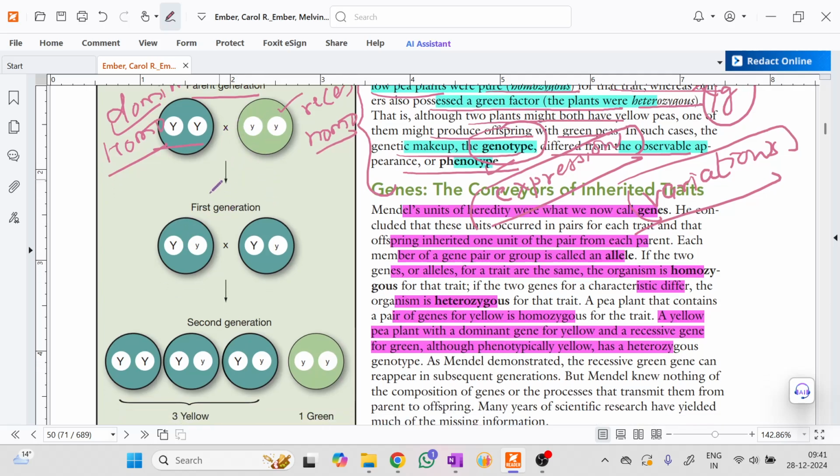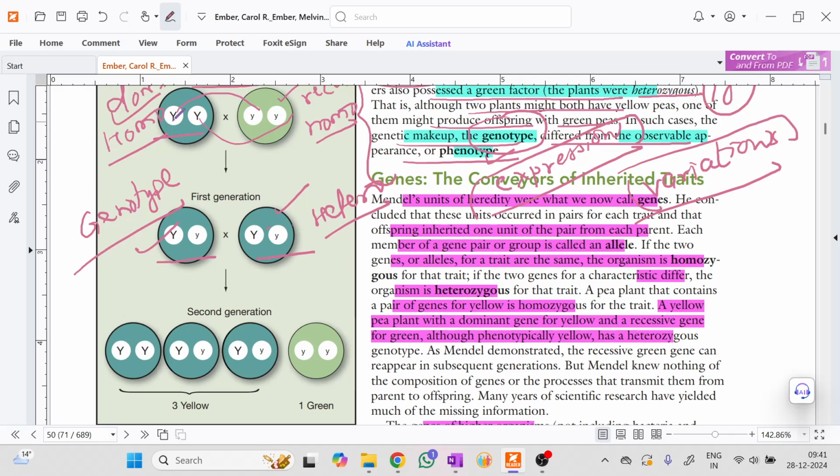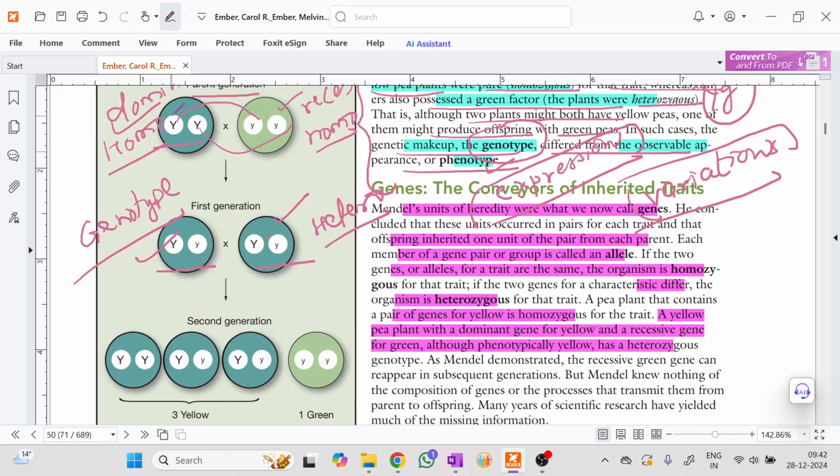When they were crossed, the first generation, Y with Y, this one, and this Y with this Y, they were heterozygous. The genotype changed. The parental generation was homozygous. They were pure traits, both of them.